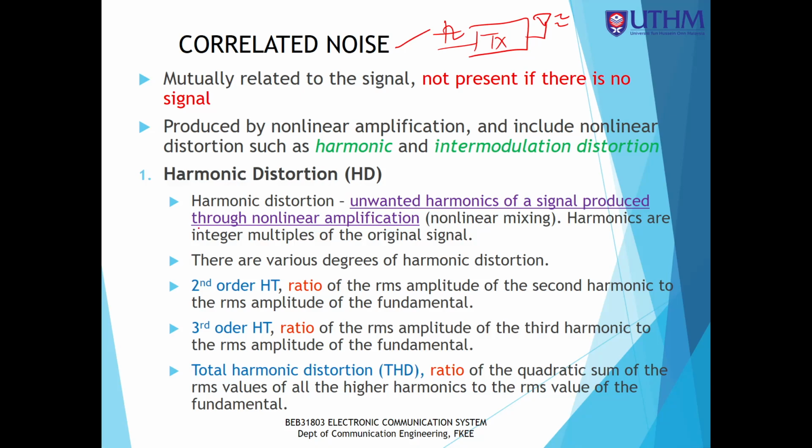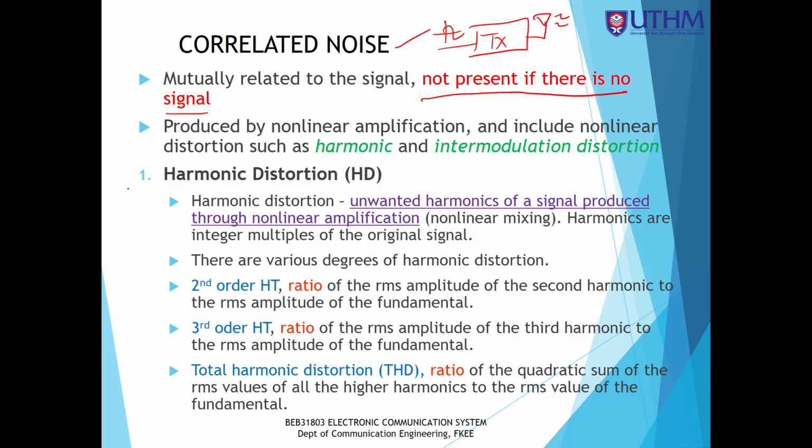Correlated noise is divided into two in your syllabus, which are the harmonic distortion and intermodulation distortion. You see that this red color correlated noise will not be present if there is no input signal. So correlated noise is further divided into two categories: harmonic distortion, HD, and intermodulation distortion.